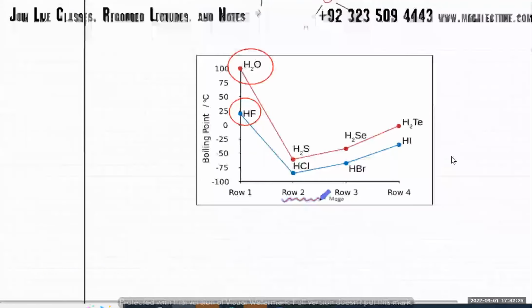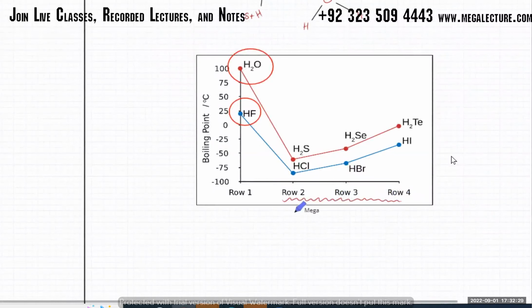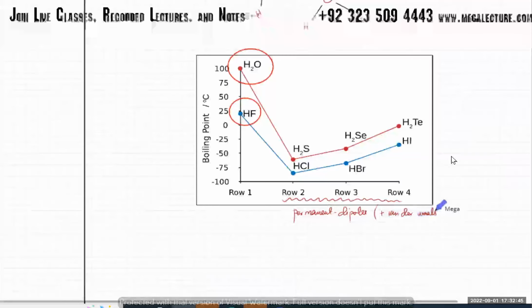तो ये सारे only permanent dipole, so they just had permanent dipoles. मैं ब्रैकेट में van der Waals कर लेते हैं, वो अभी हमने किया नहीं है वैसे। और इन दोनों का क्या मसला है? Both of these, they've got strong hydrogen bonding happening.